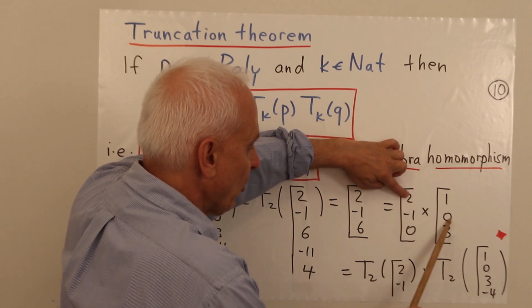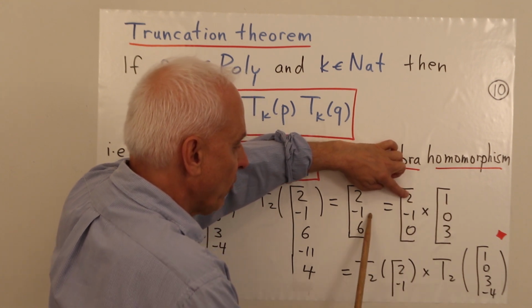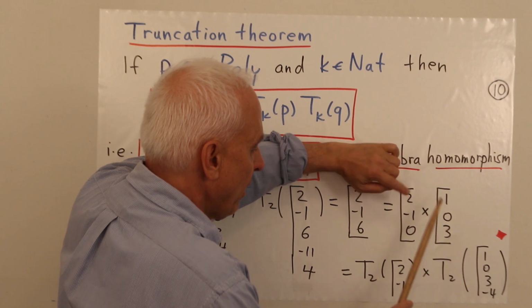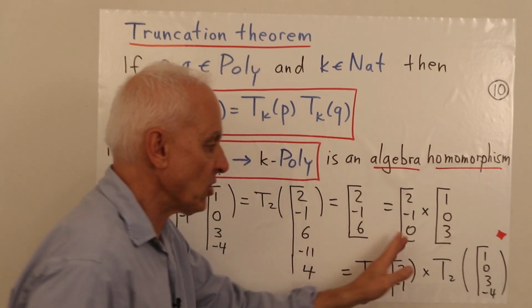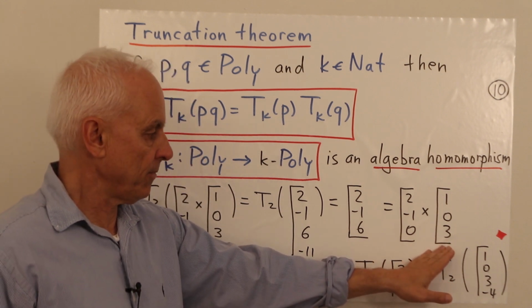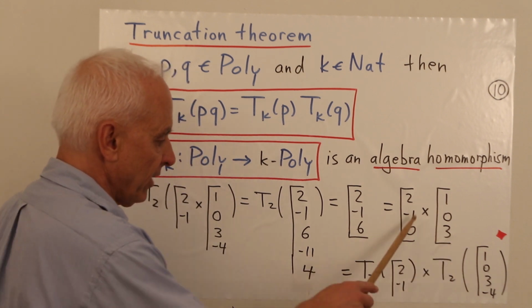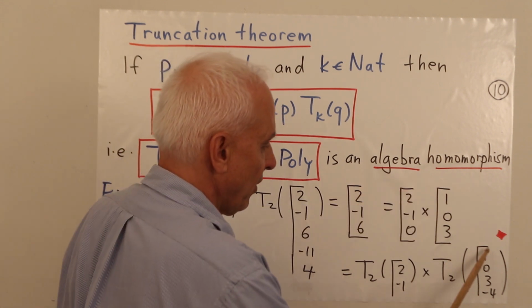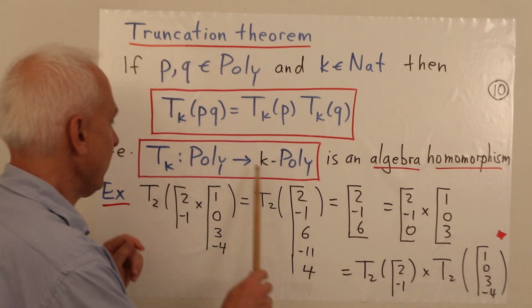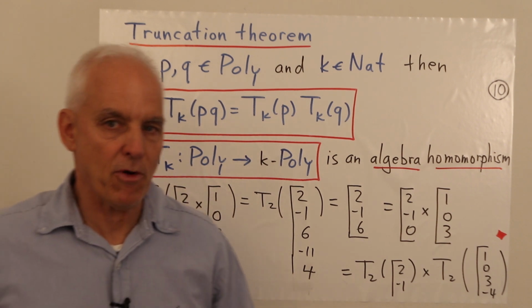And 2 times 0 plus minus 1 times 1 is minus 1. And 2 times 3 plus minus 1 times 0 plus 0 times 1 is 6. And that's all there is. So this is indeed correct. This really is t sub 2 of 2 minus 1. This really is t sub 2 of 1, 0, 3 minus 4. And that illustrates this algebra homomorphism property.